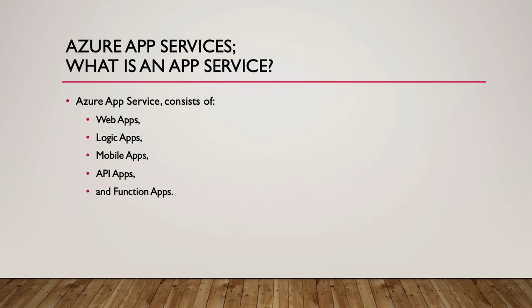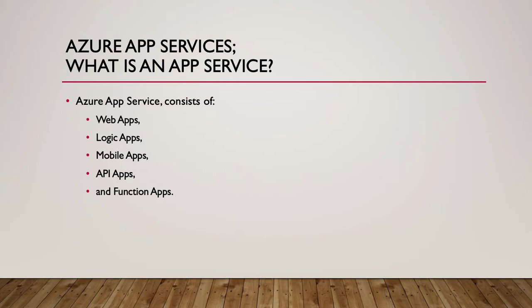They could be web apps, mobile apps, logic apps, API apps, and function apps. So each app runs in its own app service, and when you look in the Azure portal to see your website, you will look for the app service in which it is running.